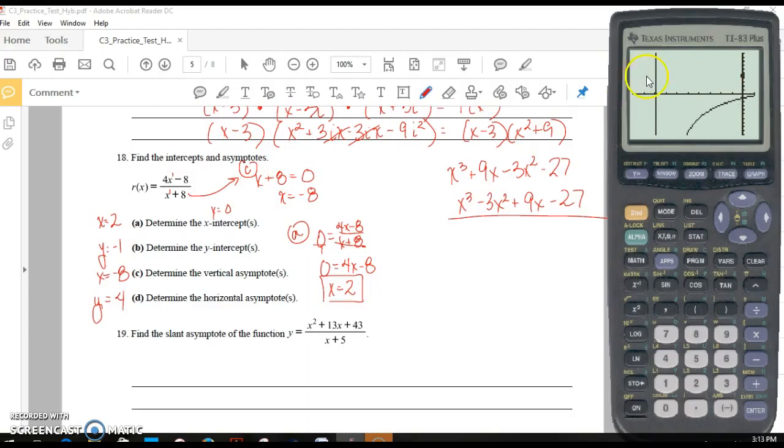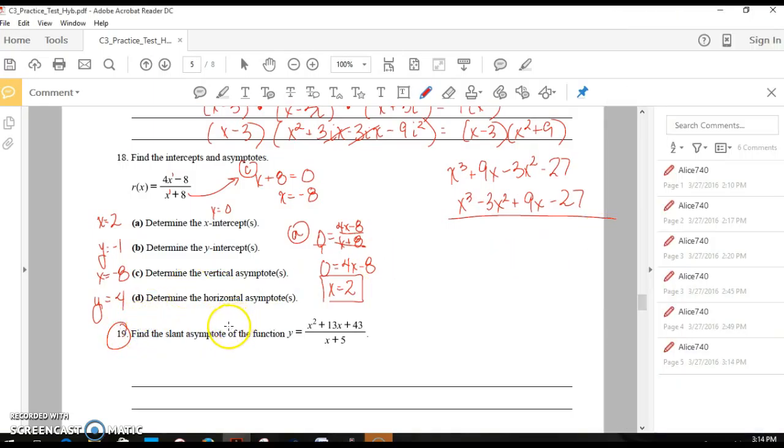It's a little hard to see the 1. You're not going to see the horizontal, but you'll be able to see through here that if you go up forever, you just, oh, I'm sorry, not the 1, the 4. You're never going to get past that 4. And then you could also see the intercepts.